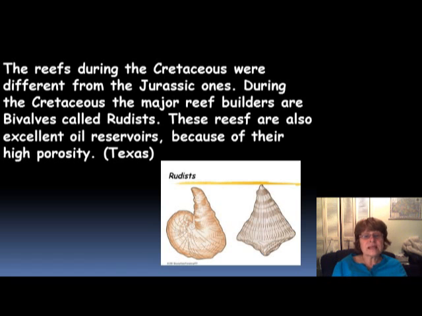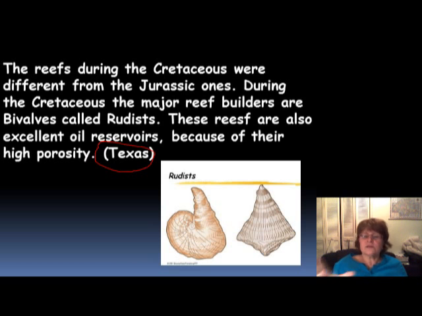These are the rudists, which were like the actors and actresses of the time, because even though they were clams, they behaved like they were corals, and they occupied the reef facies completely, and they were growing just like corals would. They had lots of porosity and permeability, so these are really amazing oil reservoirs, just like the corals would have been. And it's especially important in Texas.